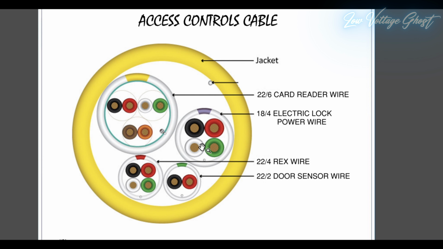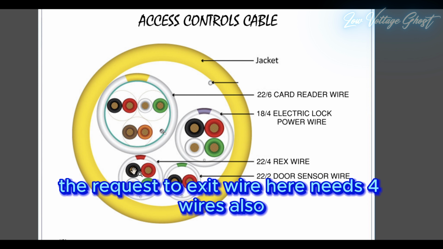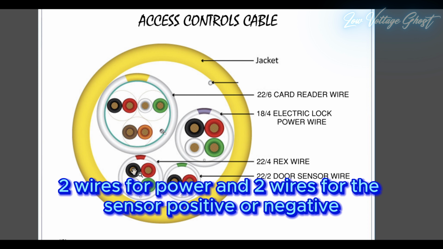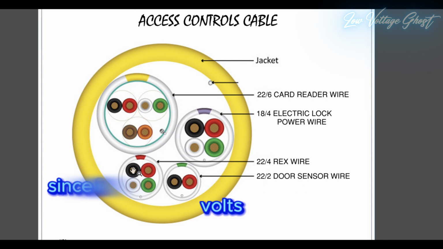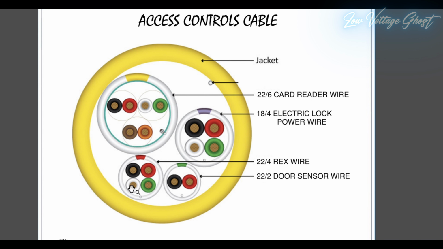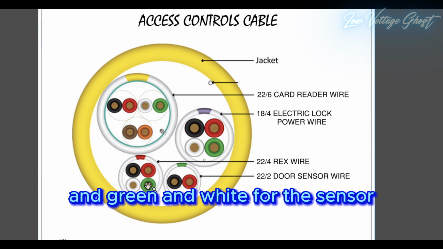The request to exit wire here needs 4 wires also, but this one is for your request to exit device: 2 wires for power, and 2 wires for the sensor. Positive and negative, since it takes DC voltage, usually 12 volts, and green and white for the sensor.